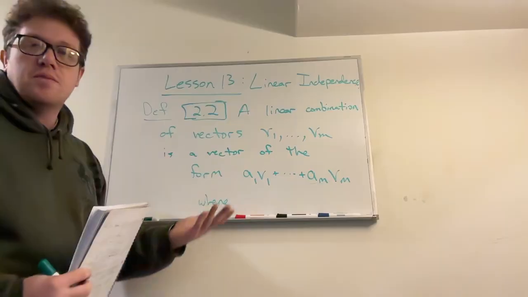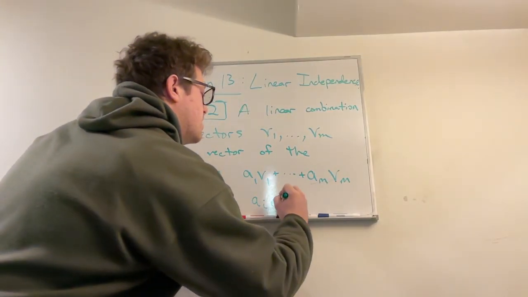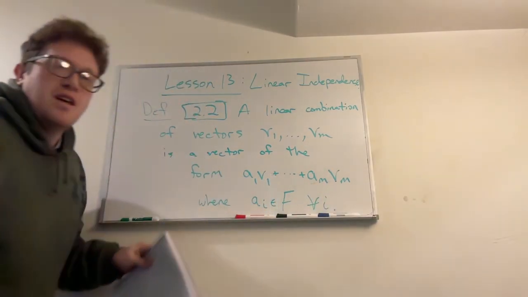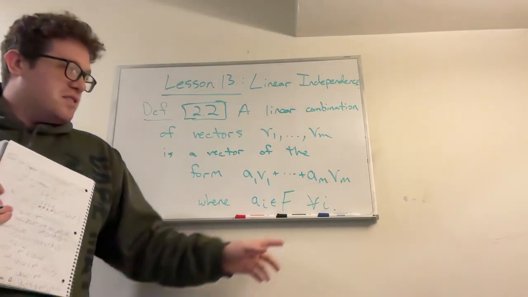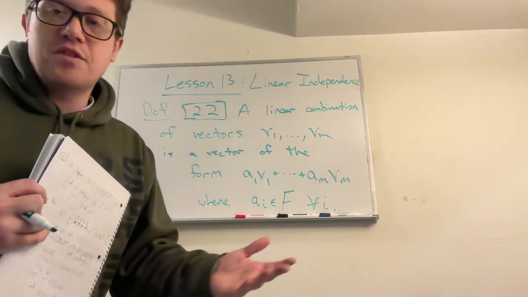So usually either some real number or a complex number. So ai is in the field for all i. And again, if you're not comfortable with set theory, I won't use too much set theory notation, but I will use things like for all, there exists, subset.